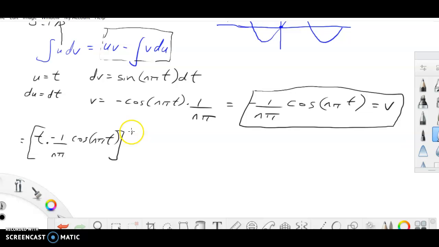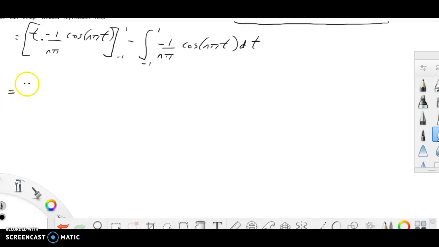We'll keep our limits 1 and minus 1, and then we'll have our minus our integral, keeping our limits, and v, this is v still here, minus 1 over n pi times cos n pi t, and du is just dt, right? So where does that get us? So now I'm going to apply the limits here. T is 1, so we have 1 times, so the 1 doesn't make a difference.